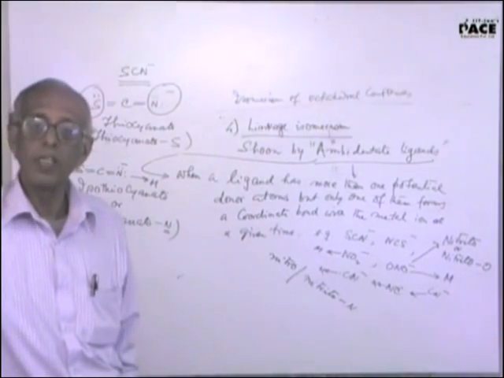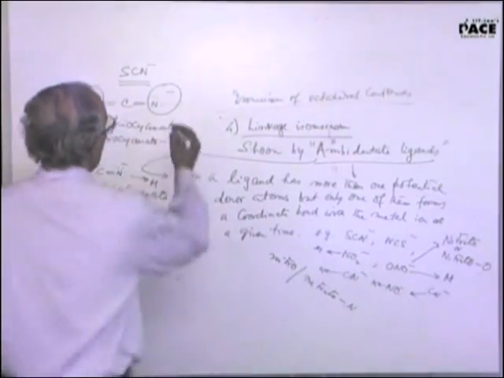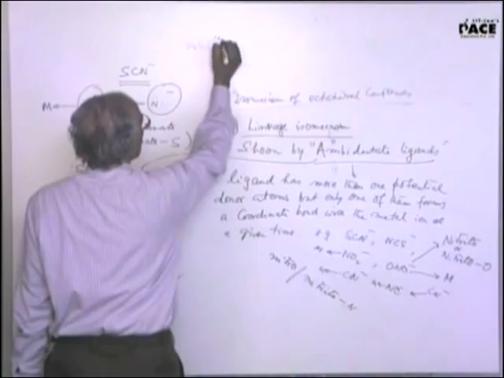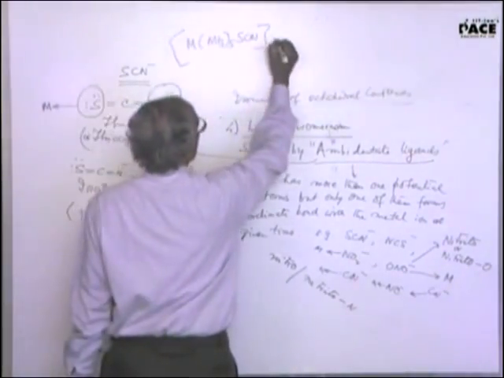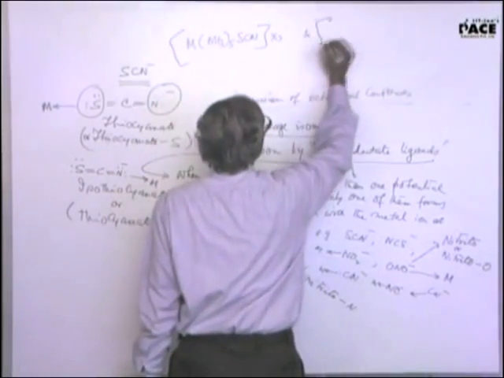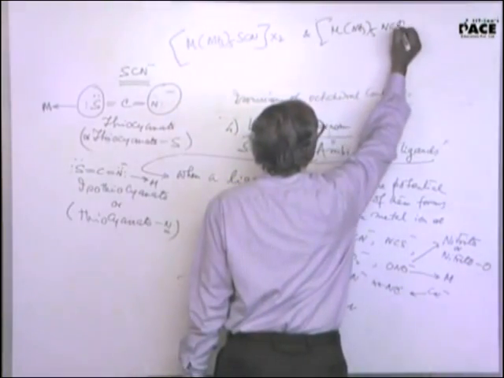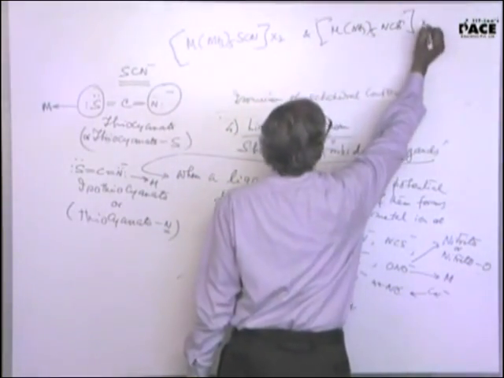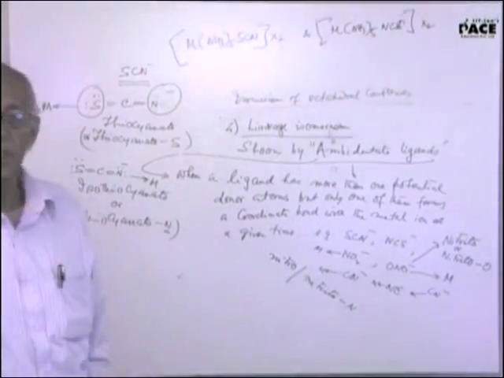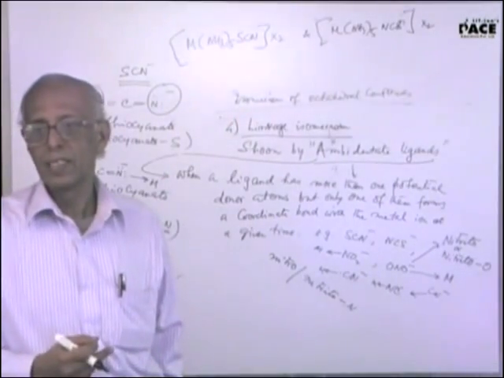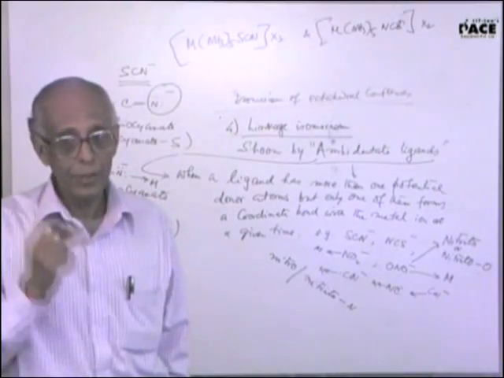So these are called linkage isomers. In one case, the sulfur is bonded to the metal, and in another case, the nitrogen atom is bonded to it.